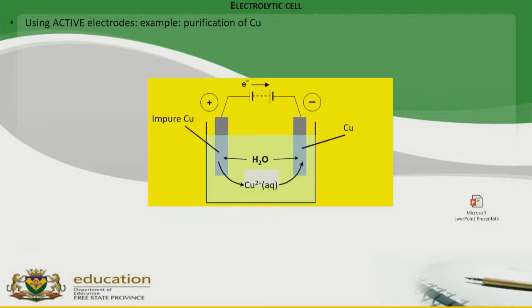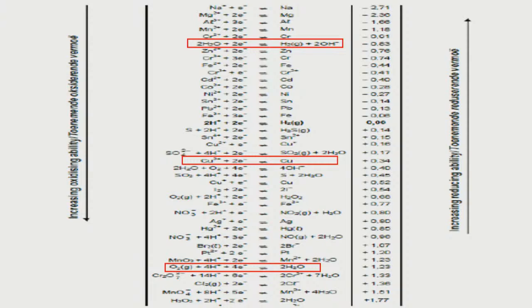So impure copper will undergo oxidation and get rid of its impurities, and then copper ions will undergo reduction at the cathode where pure copper will be formed. You can also use your table showing that copper ion is a stronger oxidizing agent than water.